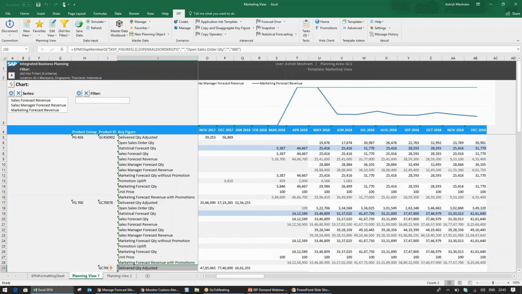So for example, in this particular view, one way of doing some demand shaping is promotion uplift. You can have some promotion uplift for a future period, and then you have a marketing quantity that is being defaulted from your statistical forecast quantity. But now you have added some promotion as well, so you will have a marketing quantity without promotion as well as with promotion, and you can have revenue based upon the marketing forecast quantity you got after promotion.